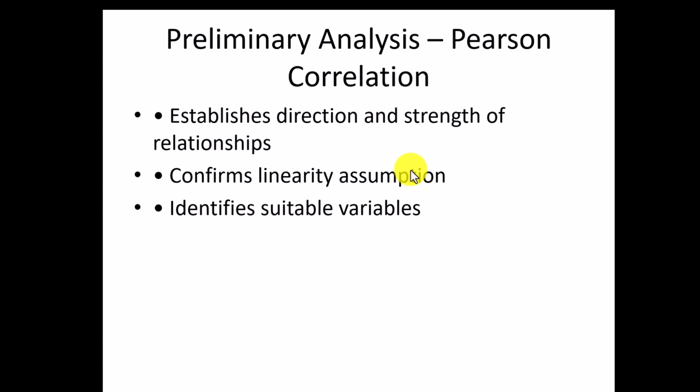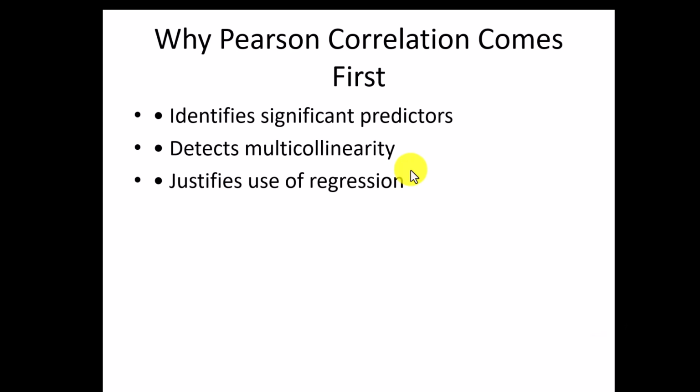If we do correlation and they are not related, you can't proceed to do multiple regression because the assumption of multiple regression is that the variables that you are actually putting in the model correlate properly. So it also detects multicollinearity.